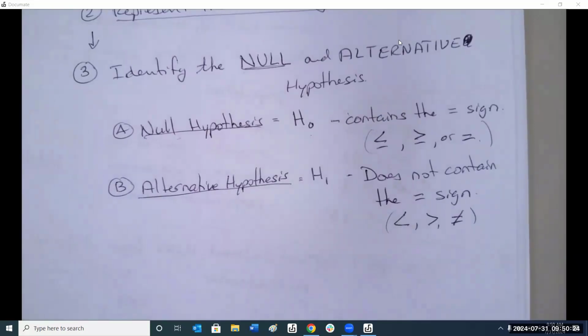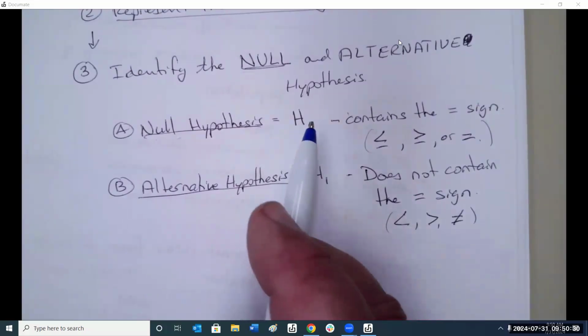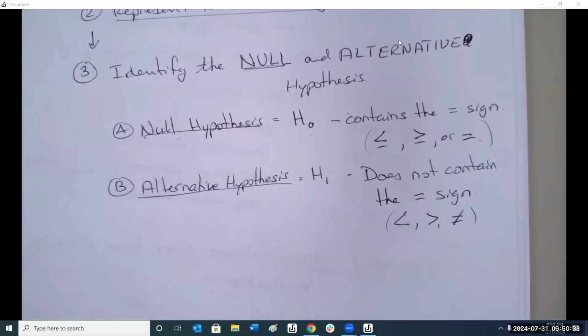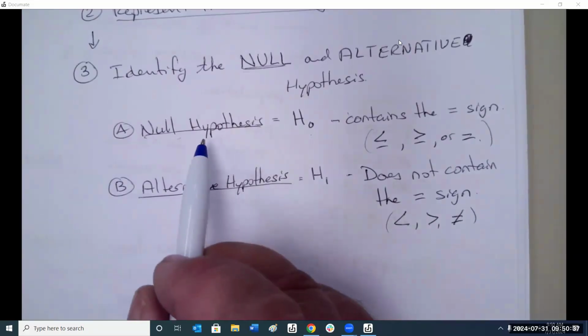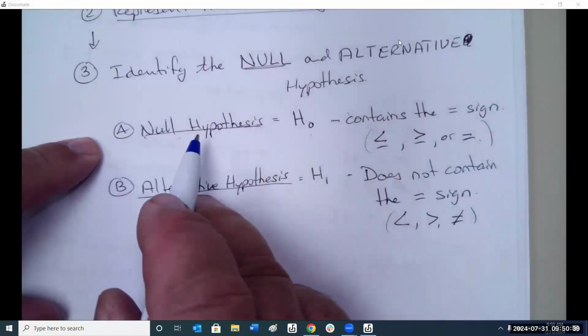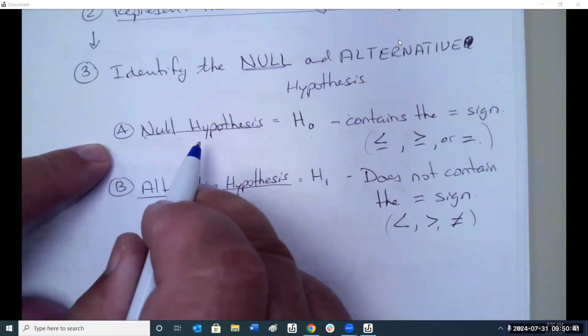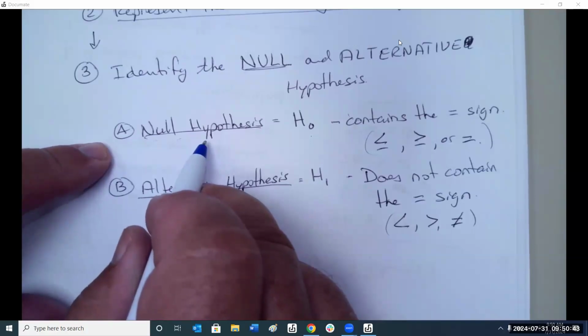Because this is what you're saying. Again, in a card game, the null hypothesis, if we're playing a game called War, where whoever has a higher card, if the dealer has a higher card, then they win.